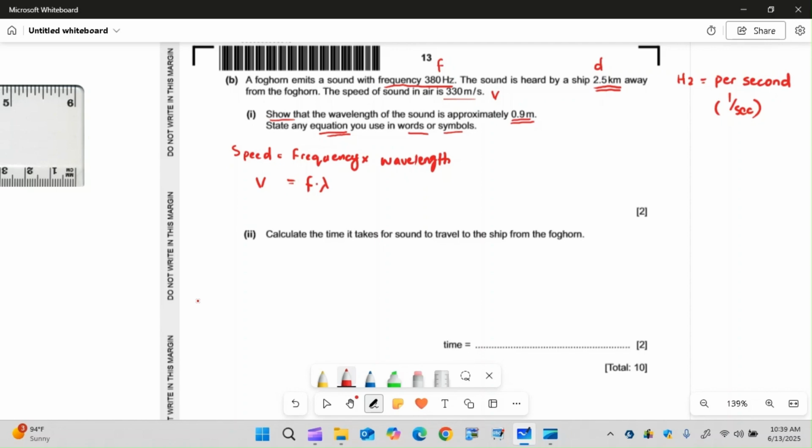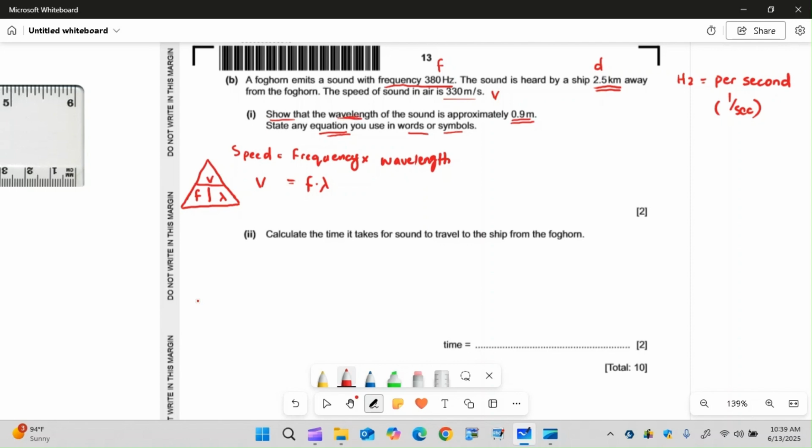So if I draw a triangle, I can simply say that v is equal to f times lambda. Now here, our question is to find the wavelength.